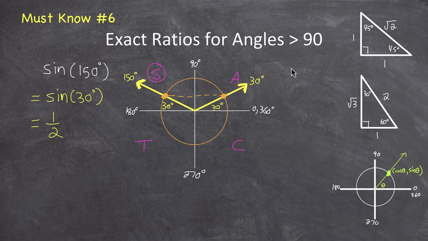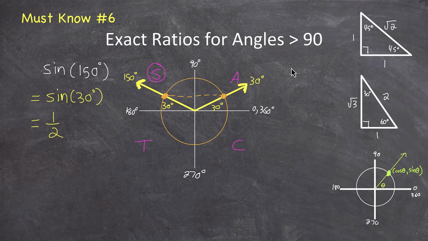And if you remember, the y-coordinate of where we intersect the unit circle is equal to the sine ratio of the angle. So of course sine of 150 and sine of 30 have the same value, because they intersect the unit circle at 2 points that have the same y value. And the y value of those points would of course be a half.